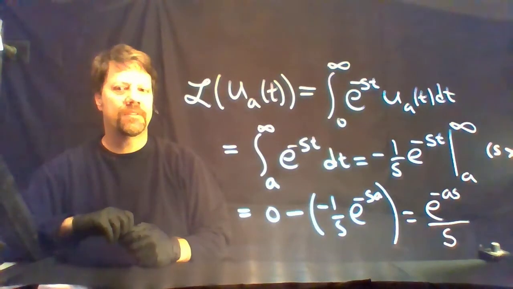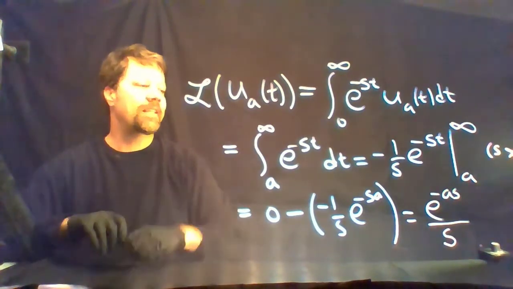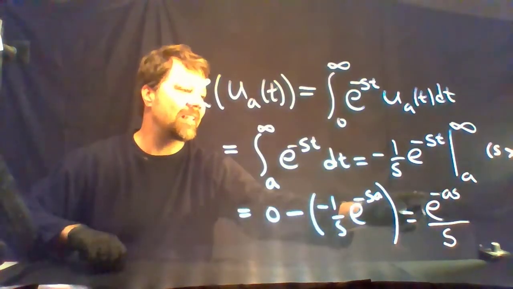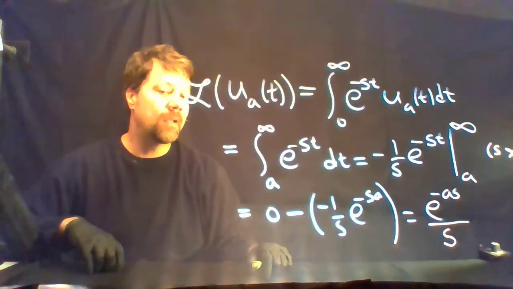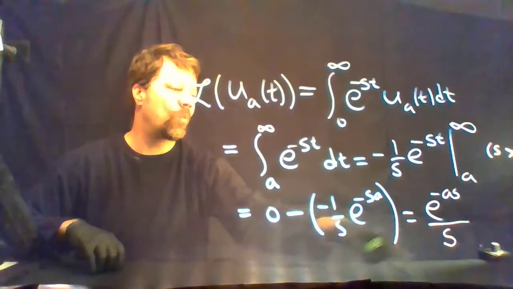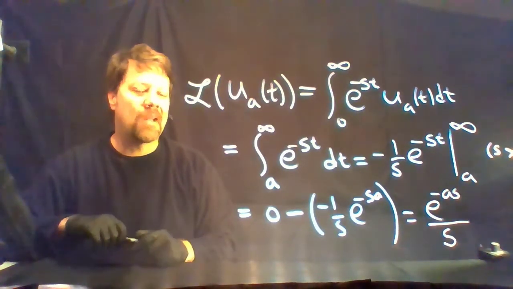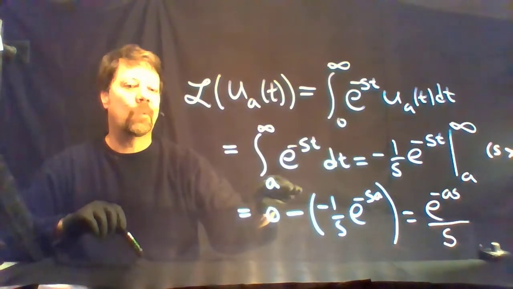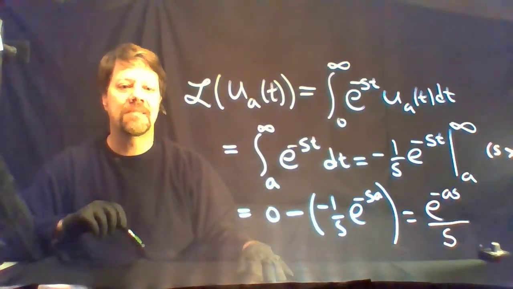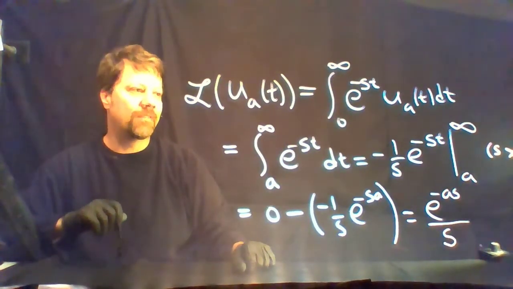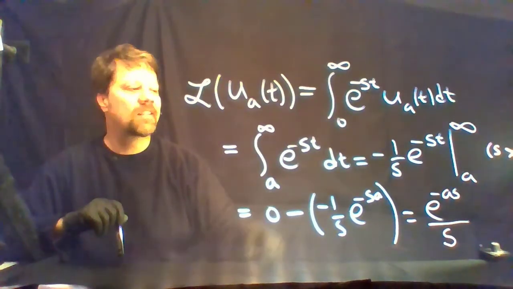One thing to note, if a is 0, then e to the minus as will be 1, and the Laplace transform will be 1 divided by s. That's exactly the Laplace transform of the function that is identically 1, which this function will be on the relevant interval from 0 to infinity.